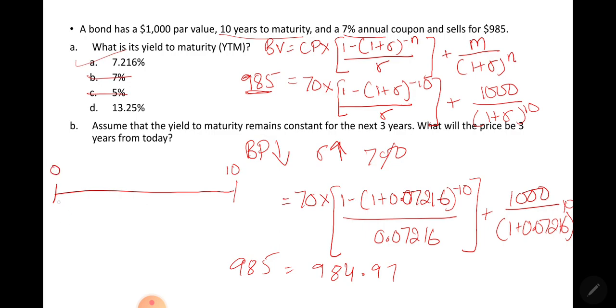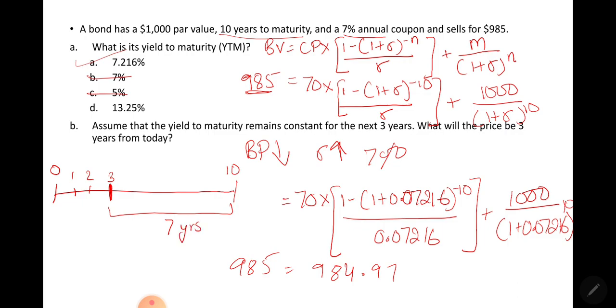And if we purchase a bond right now, the N will be 10. But if we purchase the bond 3 years from now, these 3 years are gone. We will get the next interest payment. So the maturity now will be 7 years.